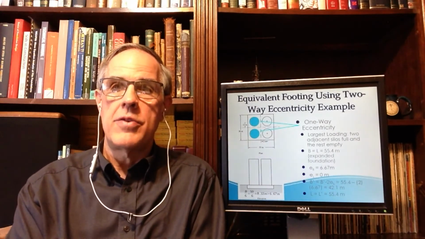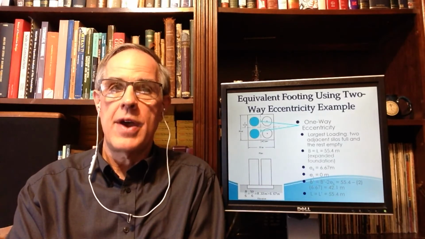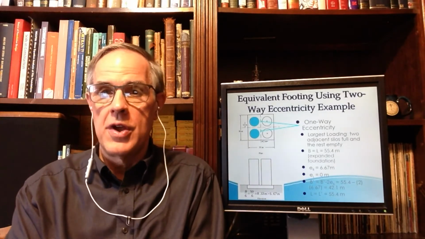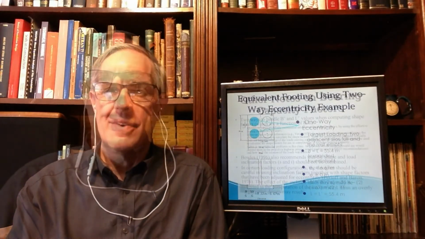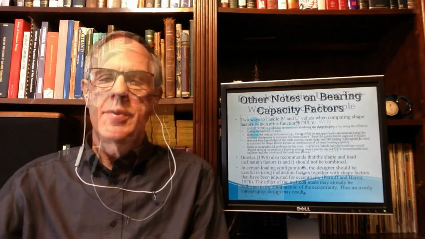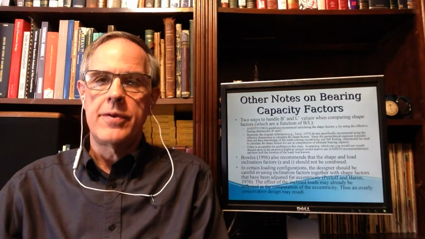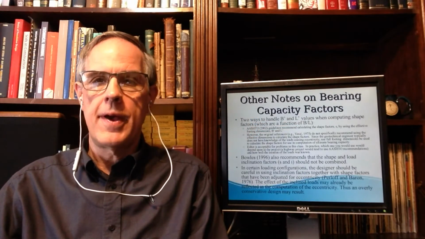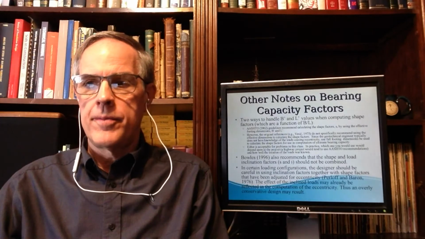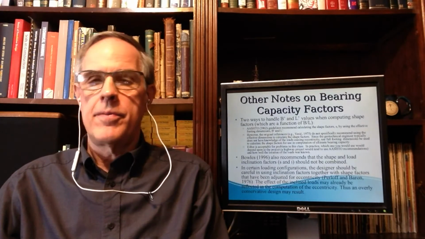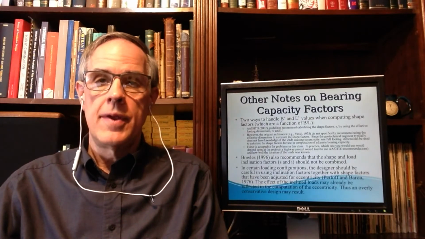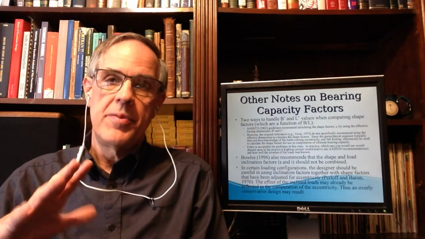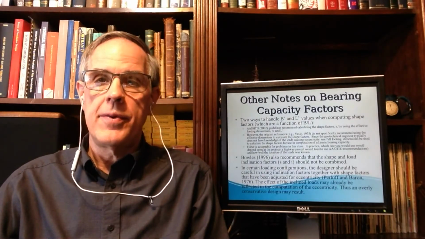So in these problems, I've tried to show you different scenarios where sometimes what you think should happen doesn't happen. We've discussed an example of the eccentricity, and we've talked about the reduced foundation size. And I said that there are some little ins and outs about that we need to discuss.